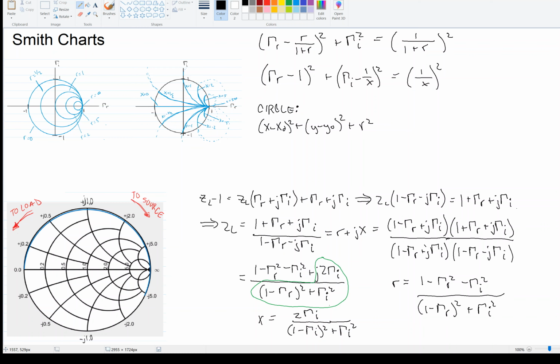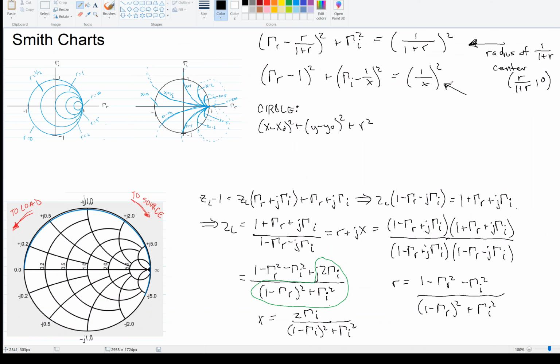So we compare that to our first circles here, the resistive circles, and we see that these guys have a radius of 1 over 1 plus r, and they're centered at r over 1 plus r, comma 0. And remember, the r does not stand for radius here. The r stands for the resistive part of this thing.